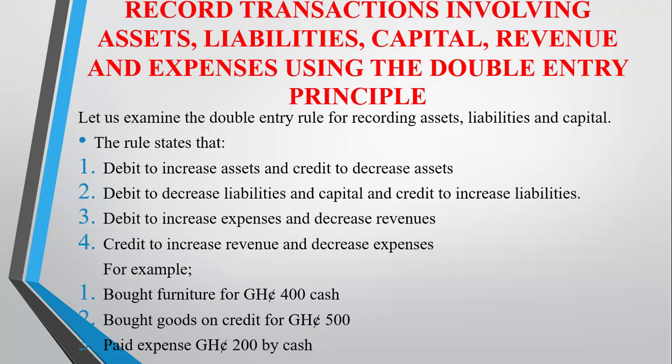We made purchases with cash. Here, the cash account will be credited because our asset is what? Decreasing. So our cash account will be credited. And our purchases account will be what? Be debited. And this shows that there is increase in expenses.